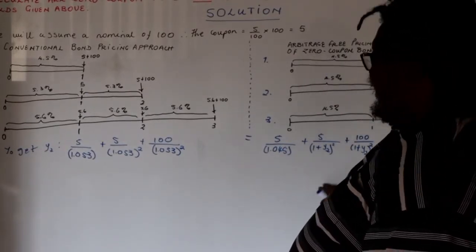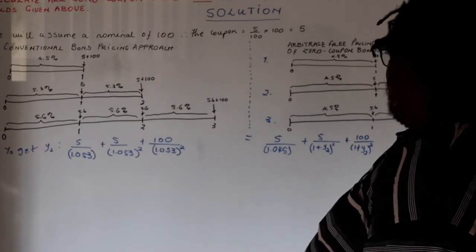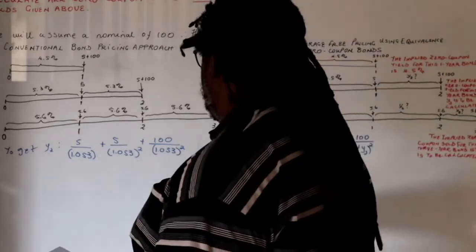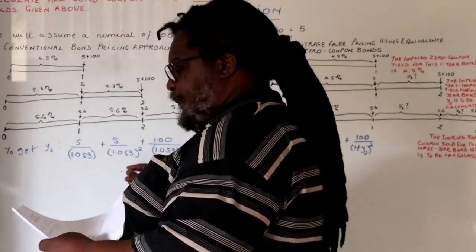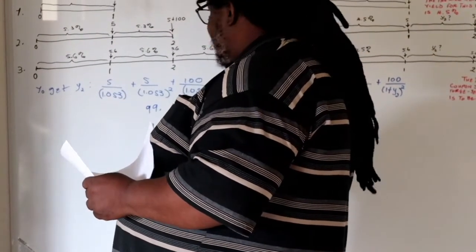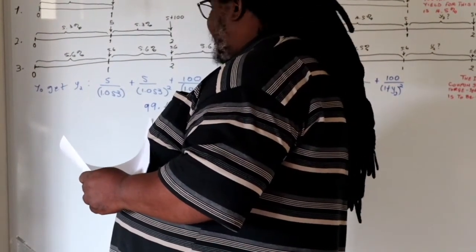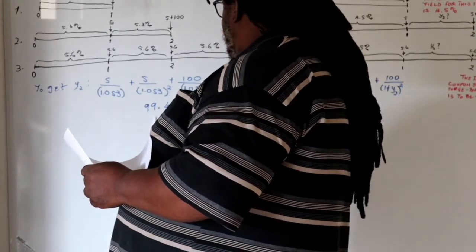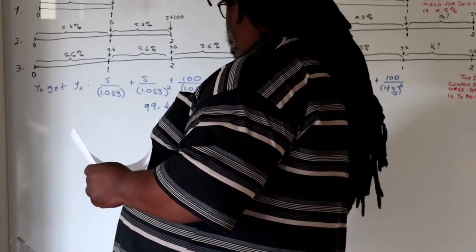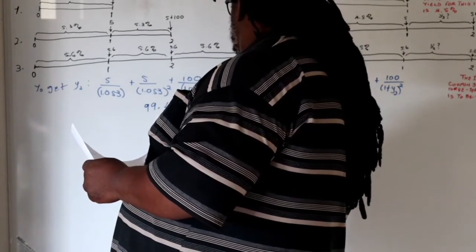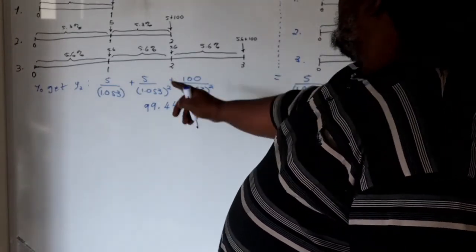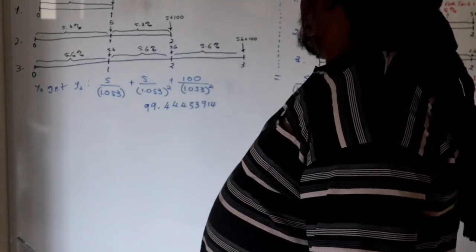And then once you have got that, you can now solve to get the value of y2. And this worked out to be 99.44453914. You can use your calculators to see whether this value is correct.